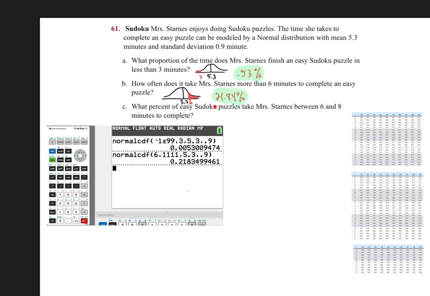Okay, last one. What percent of easy Sudoku puzzles take Mrs. Starnes between 6 and 8 minutes to complete? Okay, so if we're going to do our little quick graph, there's the mean, and they say between 6 and 8. Between 6 and maybe 8's over there. We want all that area there.